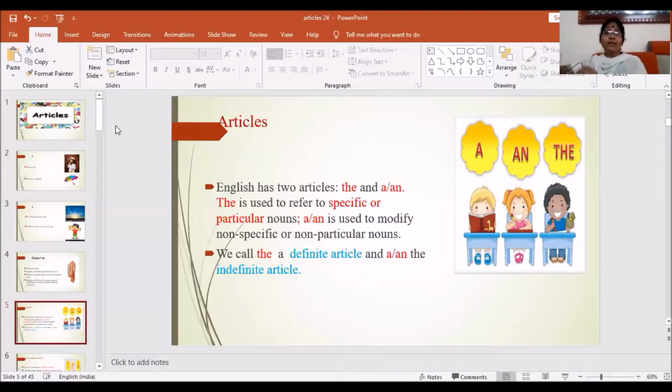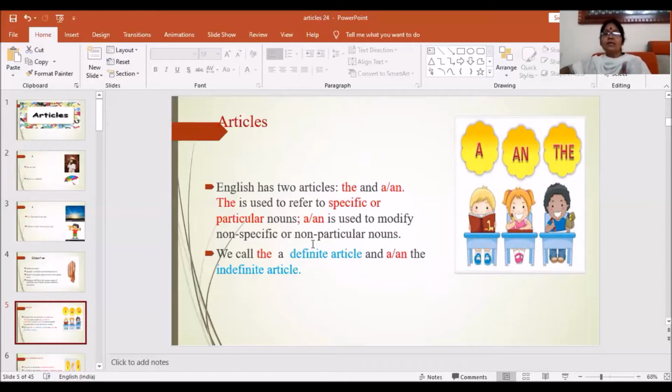English has two articles, the and a and an together. Now, the is used to refer to a specific or particular noun, whereas a and an is used to modify non-specific or non-particular nouns, right?